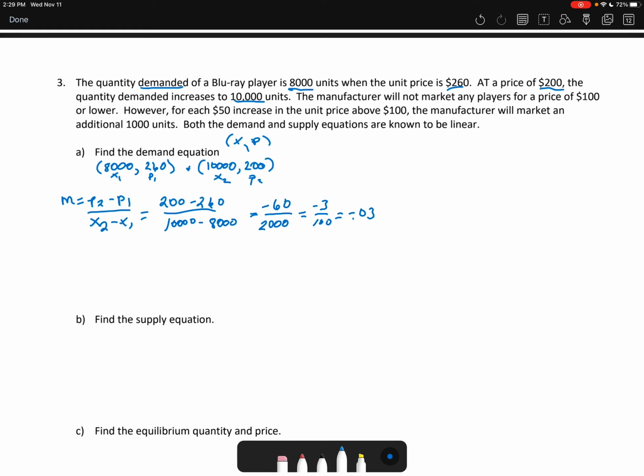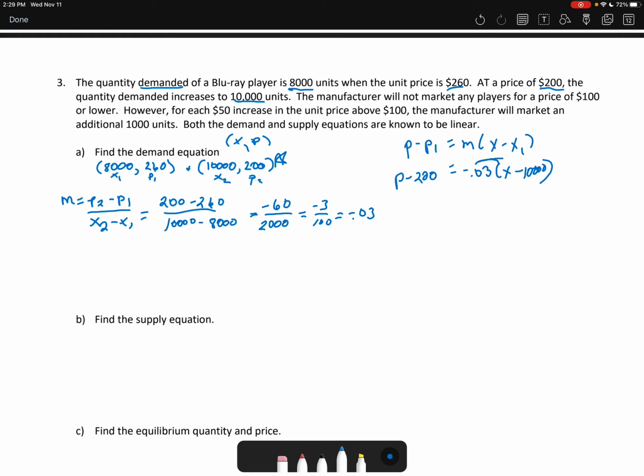Okay, now we want to get to the full equation. So I'm going to hop over to the point-slope form where we do p minus p1 equals m times x minus x1. We know m is negative 0.03. And we need to fill in an (x1, p1) point. I like this point right here, so I'm going to use the p1 value being 200 and the x value being 10,000.